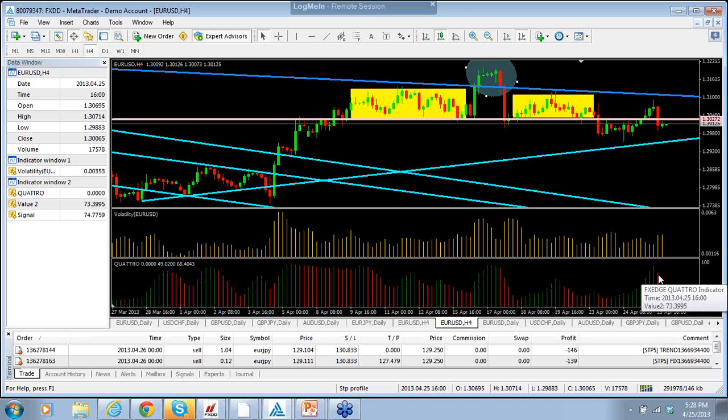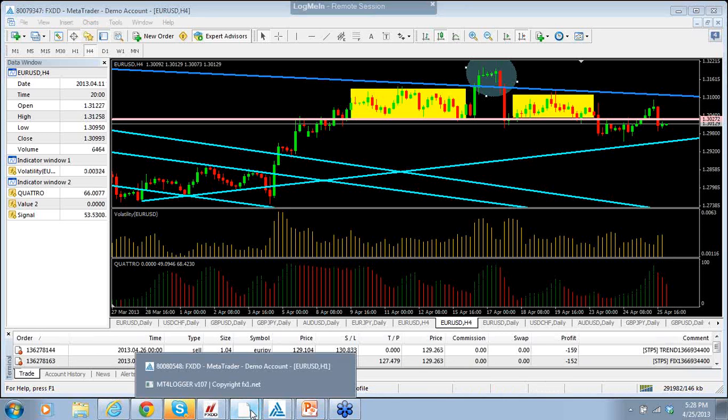But it changed back from green to red, which gave us a good opportunity for a sell. But I think that we're going to have a slight retracement before it moves down. So that trade may be ill-timed, although it is definitely in the right direction, and that's what I find with this FxEdge Quattro. Unless it's a fast-moving market, we can get taken out because of the tight stops.